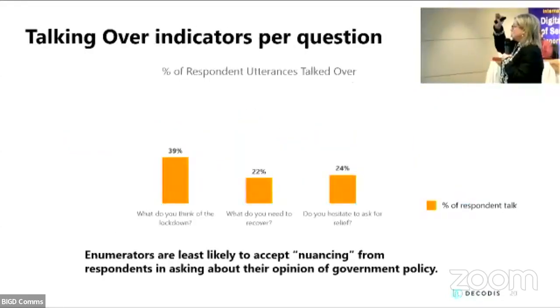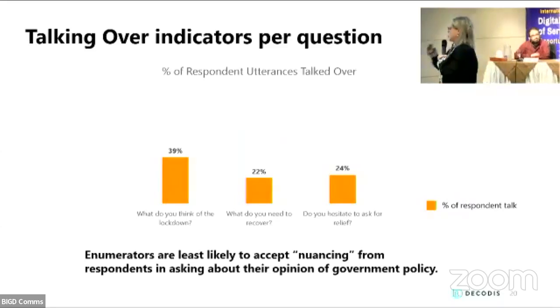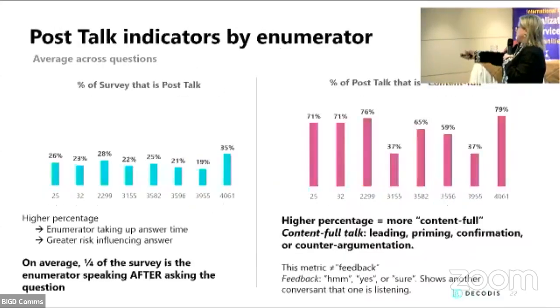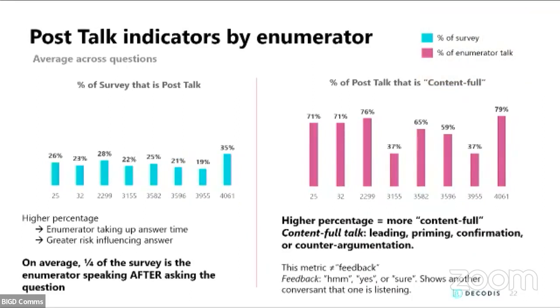Then there's the talking over, where they were trying to nuance things. They were talking over the respondent, and that was across the respondents. What's interesting is the post-talk, in other words, what the enumerator said after the respondent said something.